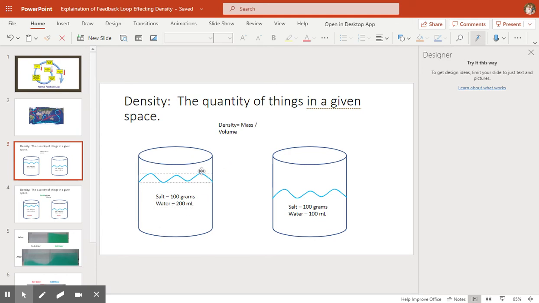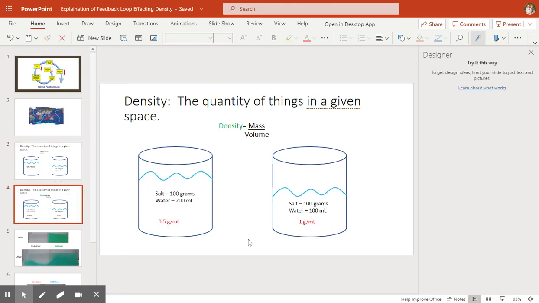So if I have two containers, this container right here has more water in it than this container because let's say the ice is melting and we're adding more fresh water to it. So this would be if more fresh water was added to it, and this one would be what it would look like normally, a denser water.